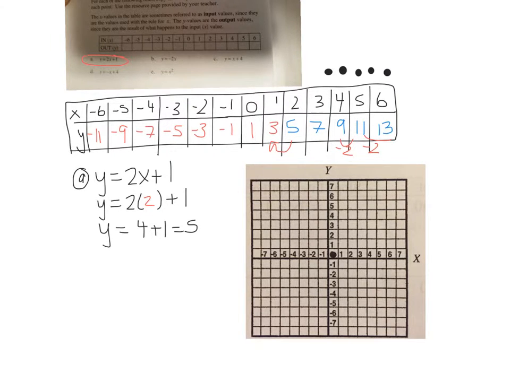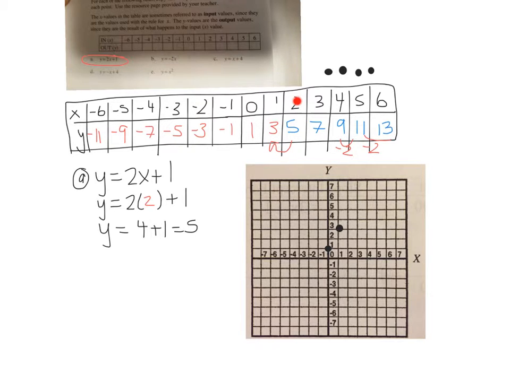1 is right here. That's the point 0, 1. Okay, how about 1, 3? That means go to 1 for x and 3 on y. Okay, let's try another one.